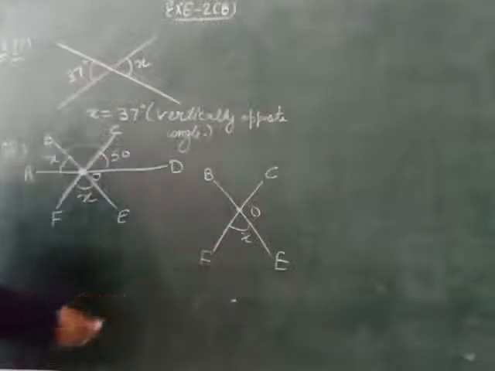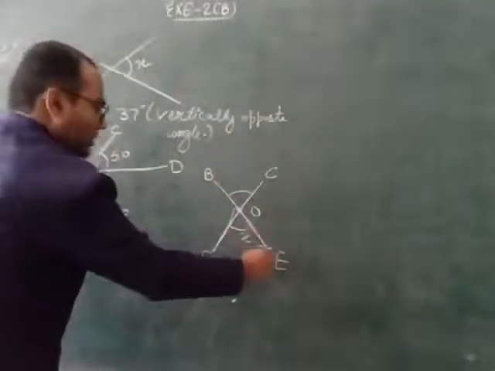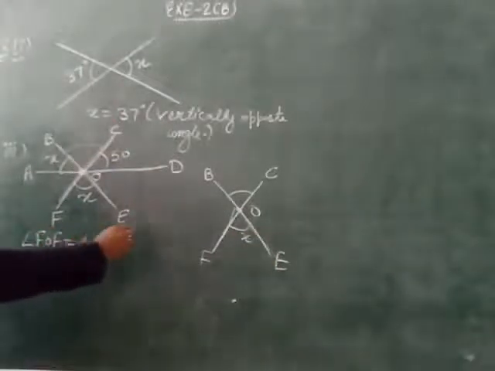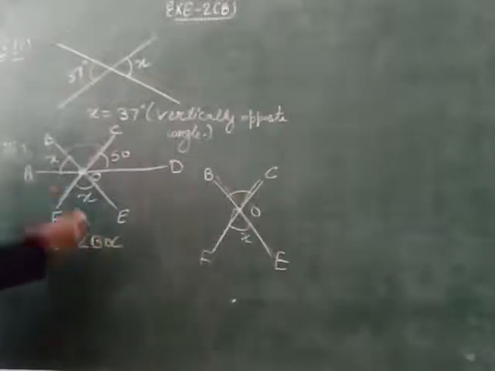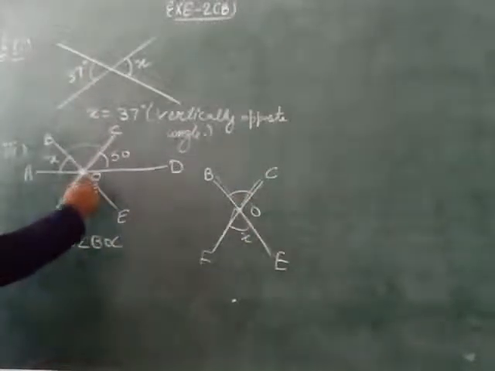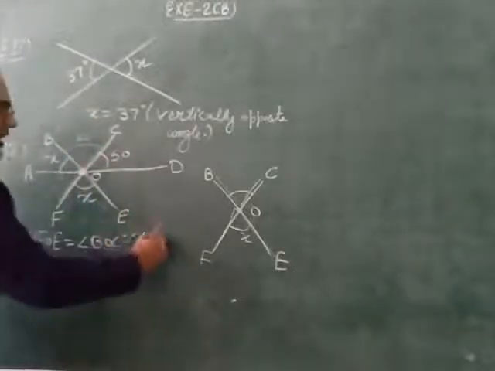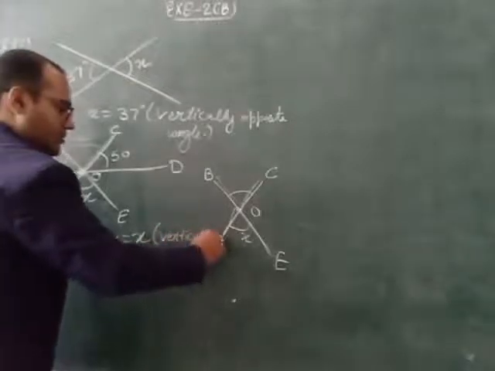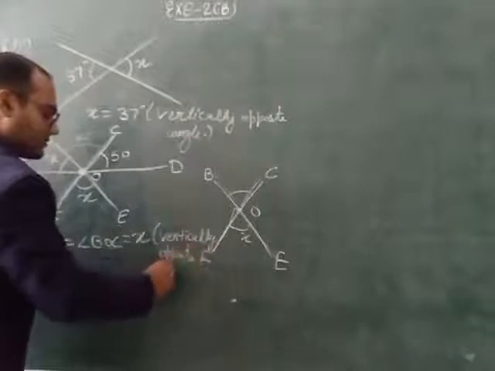So first of all we have to write that these two are vertically opposite angles. Angle FOE will be equal to angle BOC. Both the angles will be equal to each other. This angle value is x, so this angle value will also be x. These are vertically opposite angles.